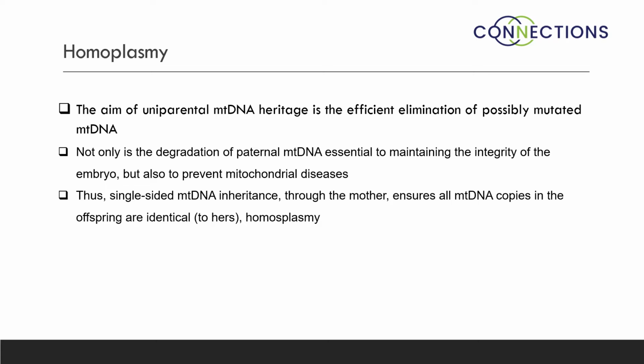Not only is the degradation of paternal mtDNA essential to maintaining the welfare and integrity of the embryo, but also to prevent mitochondrial diseases. Thus, single-sided mtDNA inheritance through the mother ensures all mtDNA copies in the offspring are identical to hers, and this is referred to as homoplasmy.